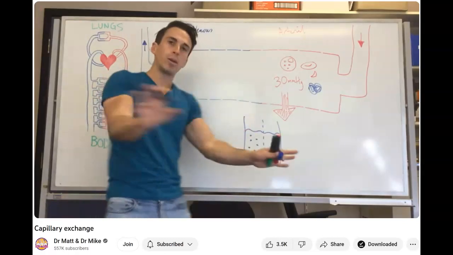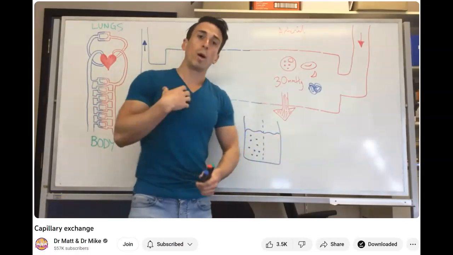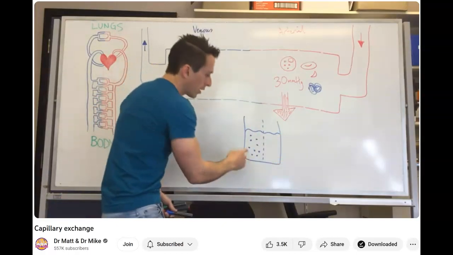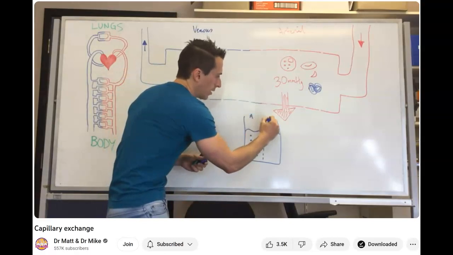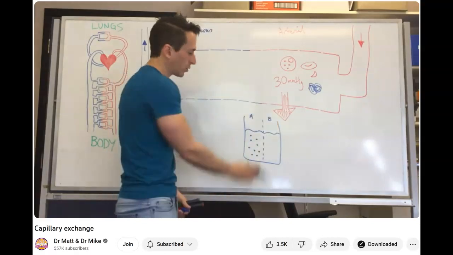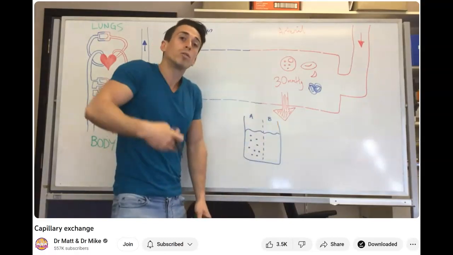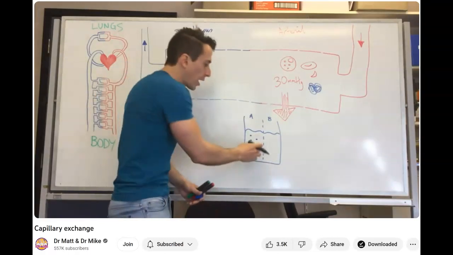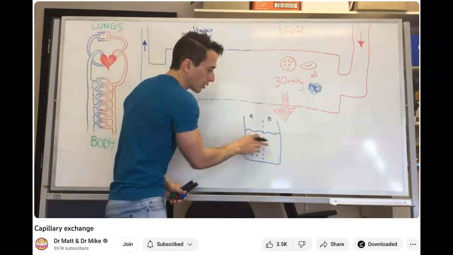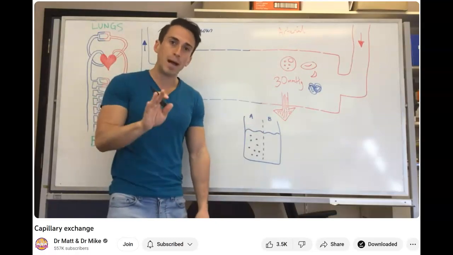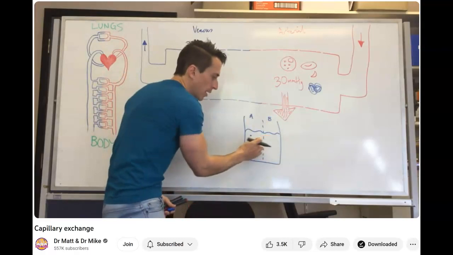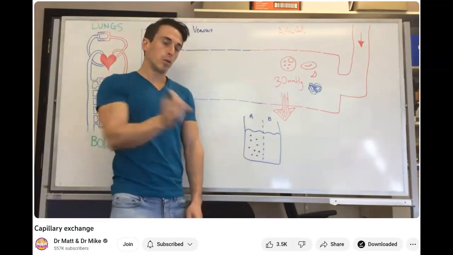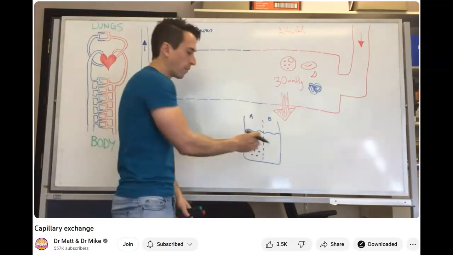And on the other side, I don't put any particles. Well, under diffusion, the particles on side A compared to side B would want to diffuse from their high area of concentration towards their low area of concentration. Okay? But there's a membrane here, and this membrane will not let these particles through. So they cannot diffuse across from A to B.